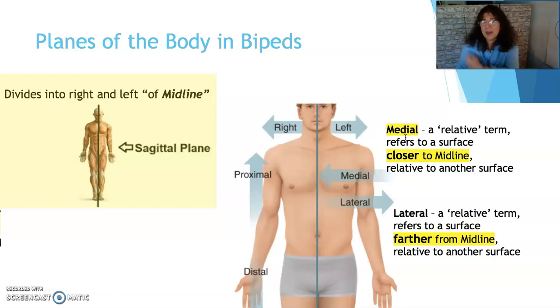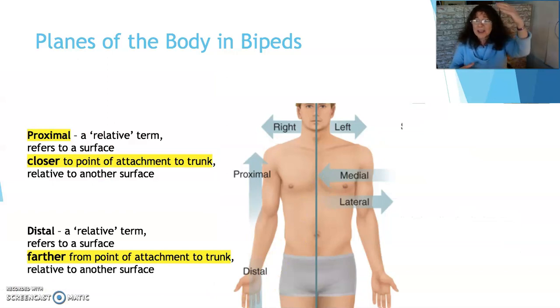In other words, your shoulder is lateral to your lung. It's farther away from midline. These are all relative and all in degrees, and you can think of surfaces of organs. For instance, there's one surface of your lung that is medial to another surface of your lung. All relative.